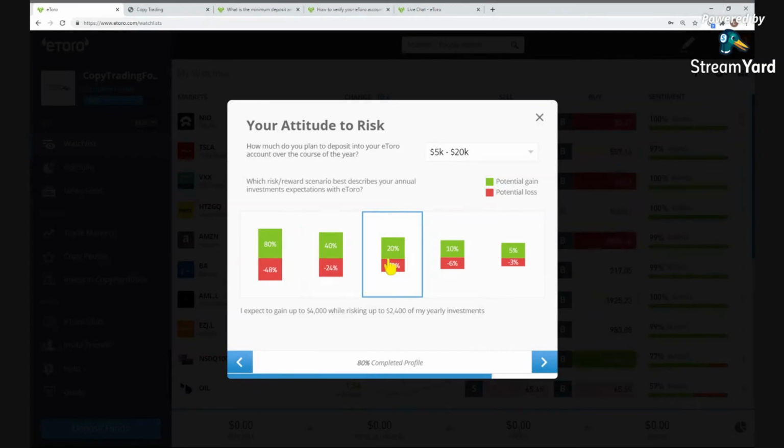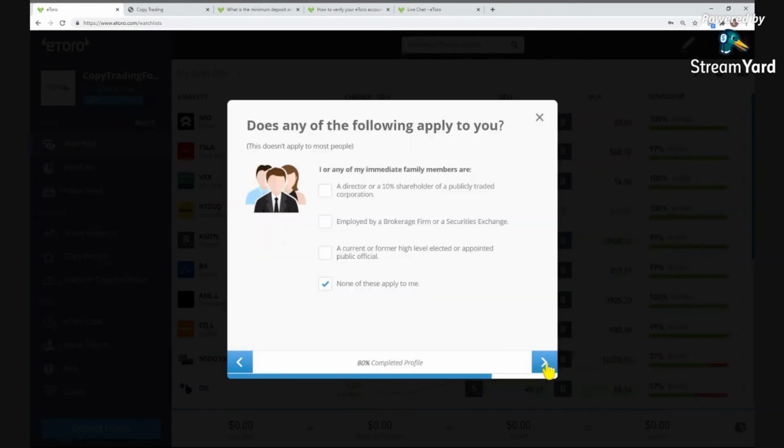Okay, so that's saying I'm going to gain 20% and I'm willing to risk up to 2,400 of the total 20K that's there. So they're going for the high end number there. So if I put in 20K, I'm looking to gain 4,000 and I'm willing to risk 2,400. But you can just fill out these, click next.